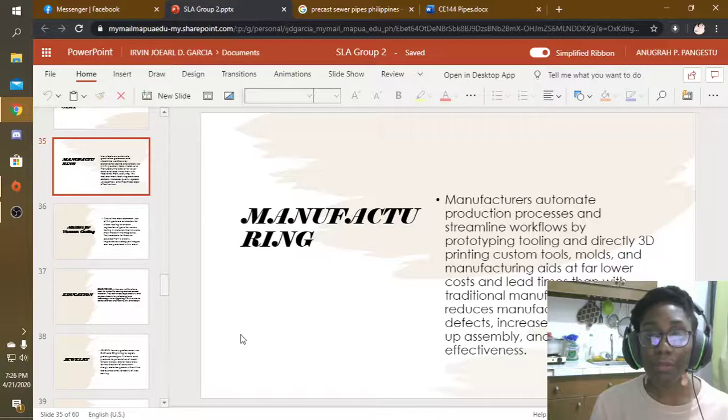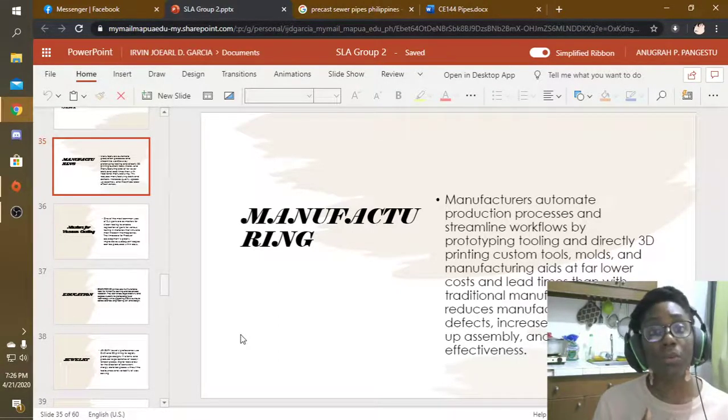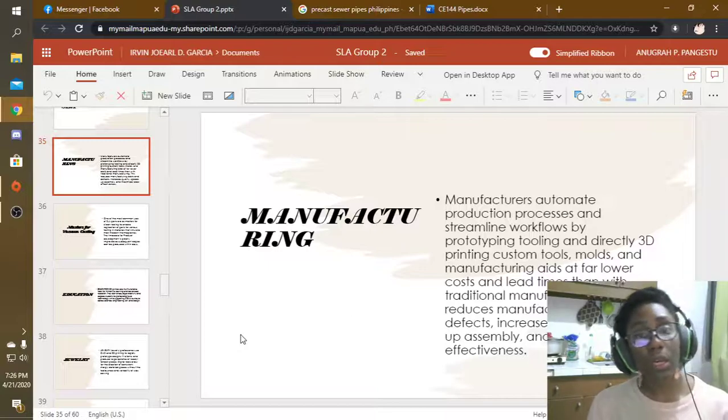This reduces manufacturing costs and defects, increasing quality, speeding up assembly, and maximizing labor effectiveness, which is true. SLA 3D printing reduces the amount of time you put into making a prototype. You can do it in less than 3 hours, or less than 3 days, unlike regular manufacturing where you have to wait for months and years for it to be completed.